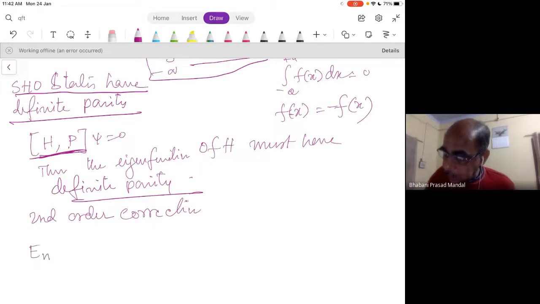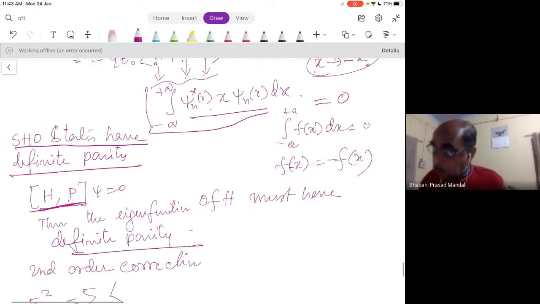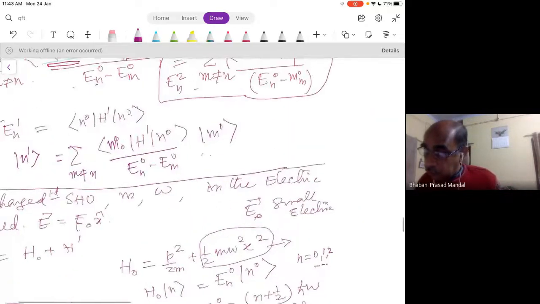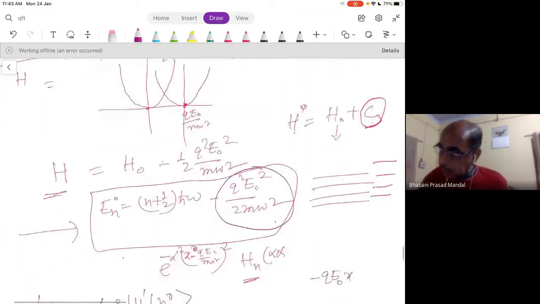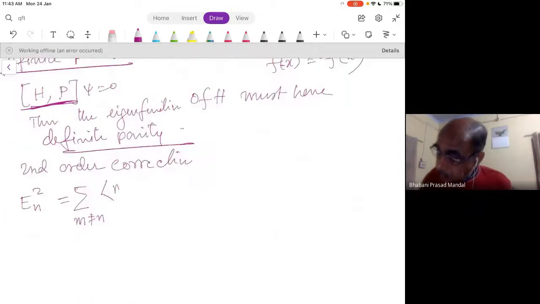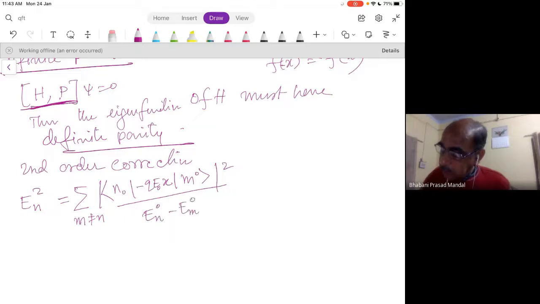Second order correction is E_n^(2), and this formula we also know: sum over m not equal to n of the mod square of the matrix element n0, H prime, m0, where H prime is minus qE0 x, divided by E_n0 minus E_m0.